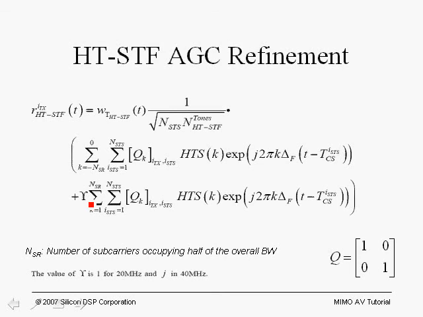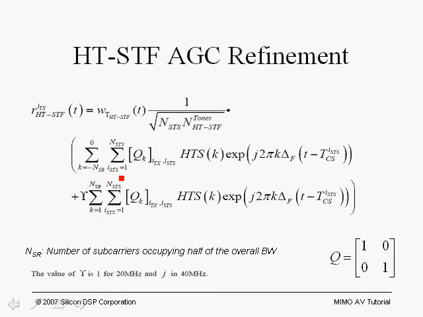Then if gamma is equal to 1, then these two sums can be rolled into one summation from k equals minus NSR to k equals plus NSR, and NSR, in the case of a 20 megahertz bandwidth, is from minus 28 to plus 28. So NSR is equal to 28. We have 56 carriers. So we're basically summing over the carriers.